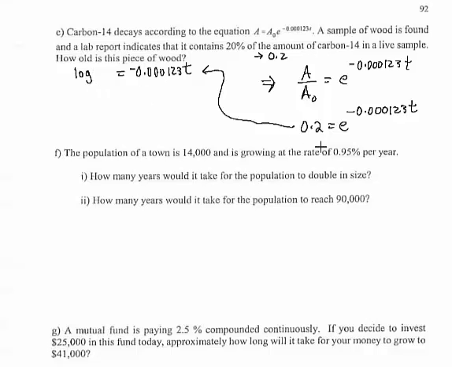The base of our log comes from the base of our exponent, which was e, and then the 0.2 will become the argument of our log. Log with the base e is the natural log, so we can write this as ln of 0.2. And at this point we simply want to get our t by itself, so we divide both sides by negative 0.000123.